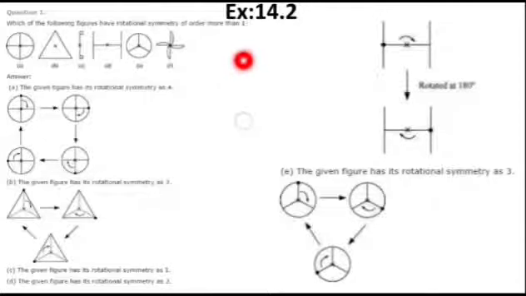But suppose while taking the round, it matches its figure one time, more than one time, that is 2 times, 3 times, 4 times, and so on, then such figures are said to have rotational symmetry of order more than 1.